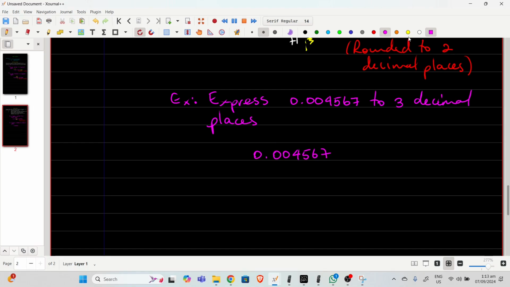We're counting 1, 2, 3, cutoff point. We're going to add 1 here because this fits the condition of being greater than or equal to 5. So our answer is approximately 0.005, rounded to 3 decimal places.